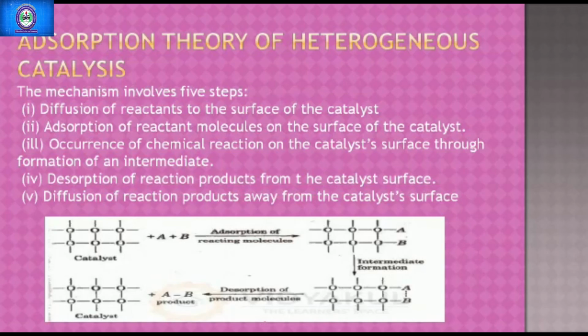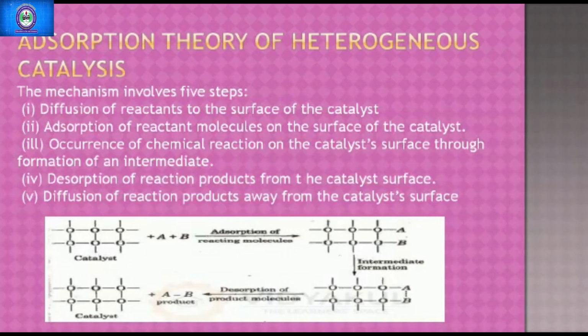Now we'll see what the important features of modern adsorption theory are. The first point is the diffusion of the reactant molecules towards the surface of the catalyst. Second is adsorption of the reactant molecules on the surface of the catalyst by forming a loose bond with the catalyst due to the presence of free valencies.